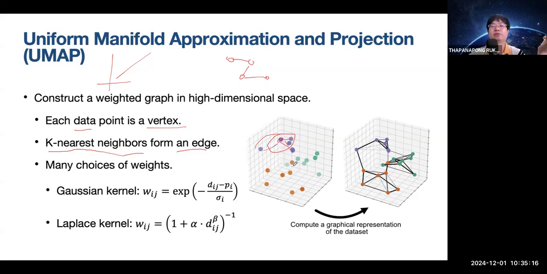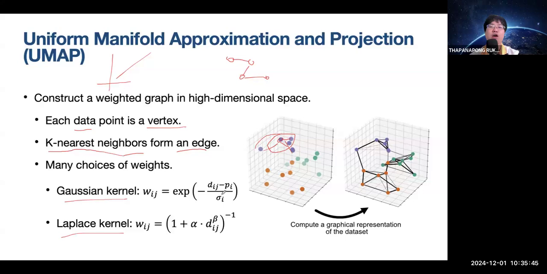Then you assign the weight for an edge. Now, the weight is basically a measurement of how close they are. Basically, it is a similarity between two points. And maybe you can use a Gaussian kernel, or you can use a Laplace kernel for the weight. It's your choice.